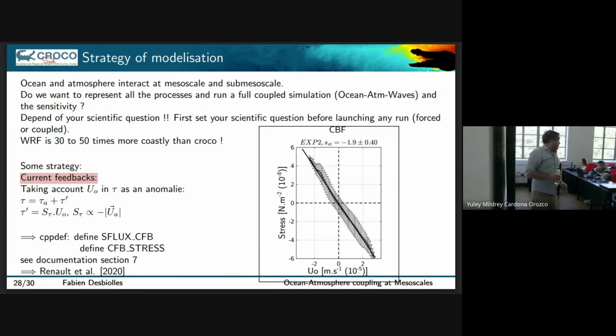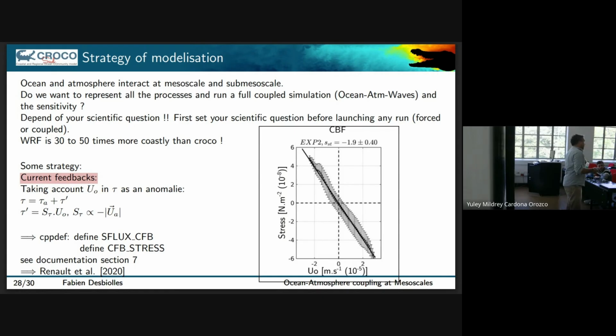Claro, y la otra activación es cuando acoplas CROCO y WRF a la vez. When you activate the parameterization, you keep the online coupling. Well, if you do a coupling, you don't need the parameterization because it's already done, because you have the WRF.